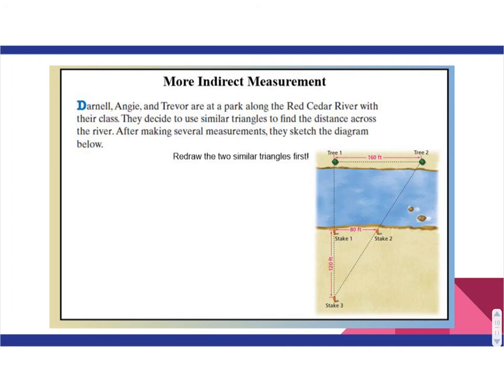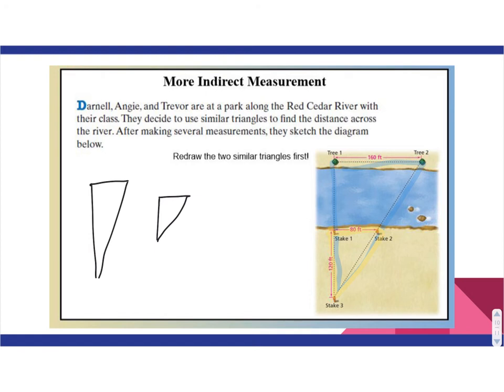We need to make sure that we redraw our 2 triangles first before we go to set up a proportion. So I can see, looking at this, I have a big triangle here, but then I also have a smaller triangle. So I need to set up my 2 triangles and enter in the information in order to solve.